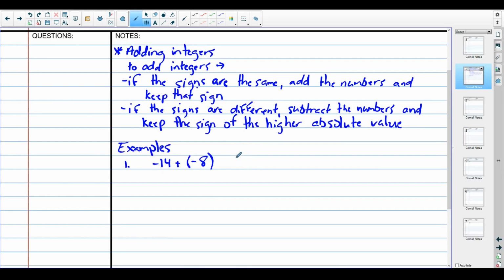So we say the signs are the same, both negative. So we add and keep the sign.